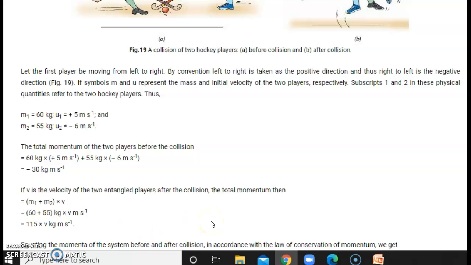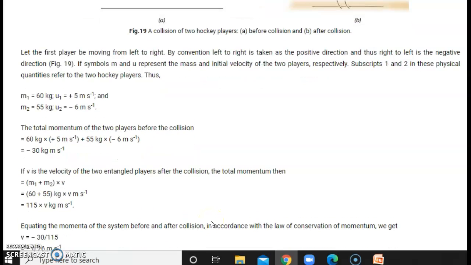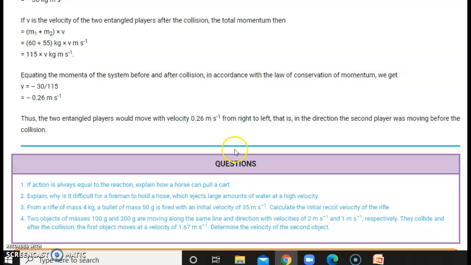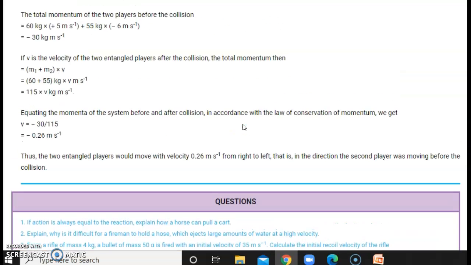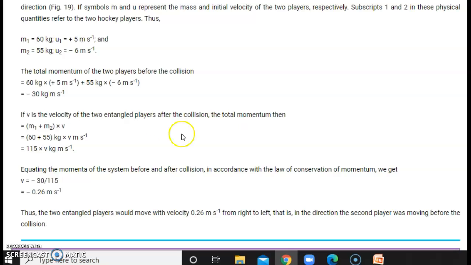According to the law of conservation of momentum, both will be equal. So 115v is equal to minus 30. So v is equal to minus 30 upon 115, that is minus 0.26 meter per second.